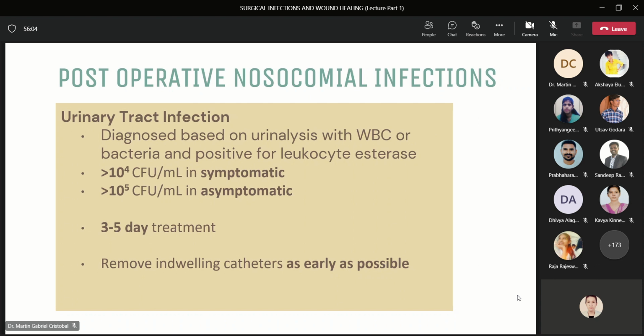It is diagnosed at more than 10 to the power of 4 CFU per ml in symptomatic patients and 10 to the power of 5 CFU per ml in asymptomatic patients. Usually it is a 3 to 5 day treatment, and post-op patients should have indwelling catheters removed as early as possible.